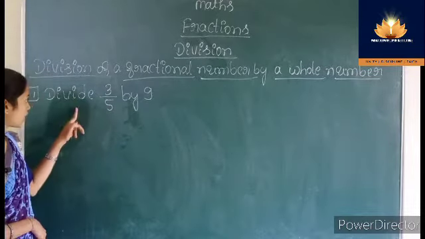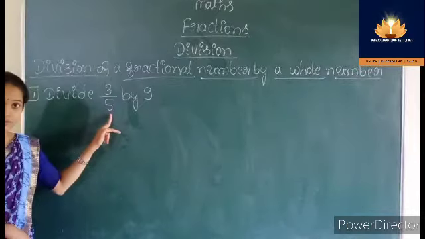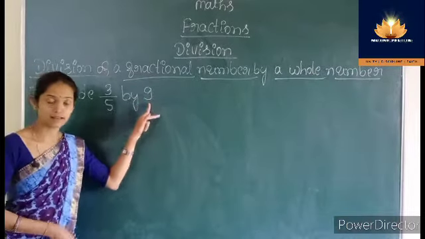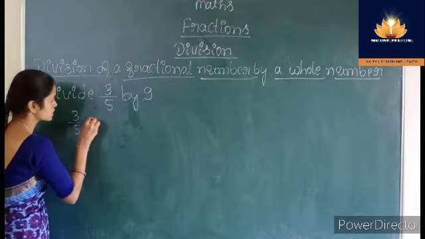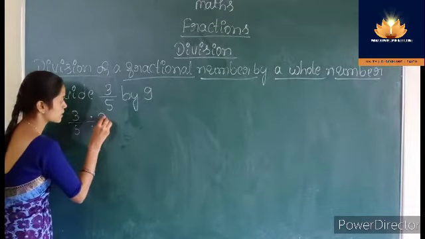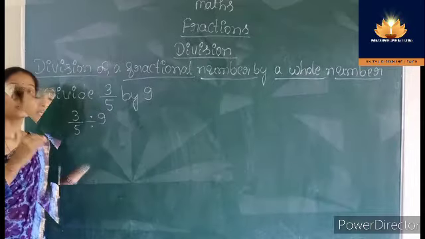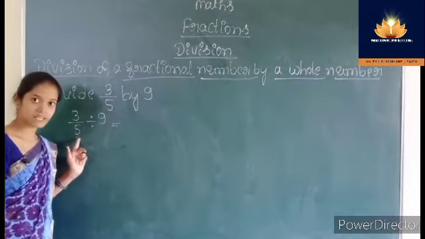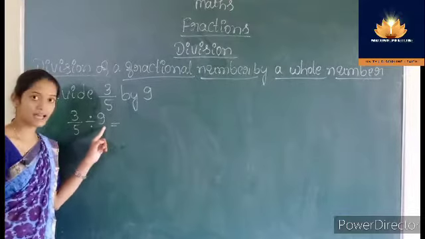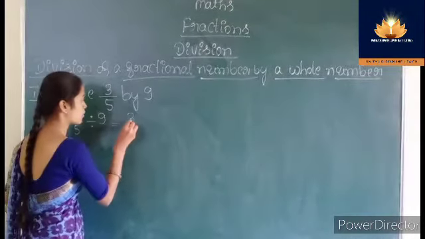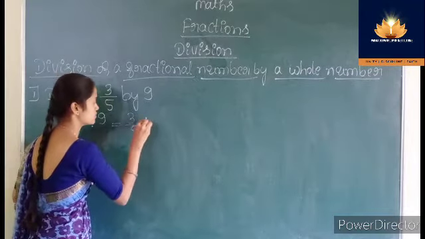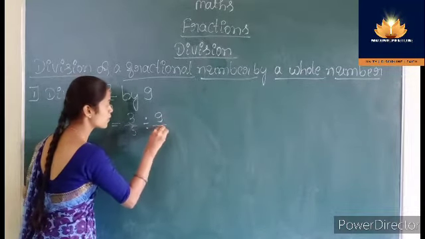Divide 3 upon 5 by 9, that is 3 upon 5 divided by 9. Here 3 upon 5 is a fractional number and 9 is a whole number, right? So 3 upon 5 divided by 9 upon 1.